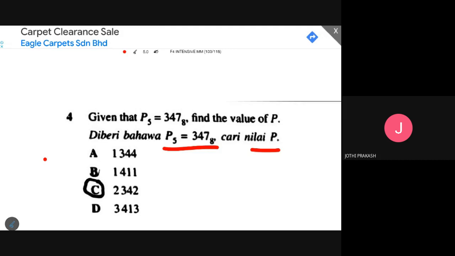Others guys, others? Okay, sama-sama. Saya bagi masa kat kamu untuk cuba sebab kita ada masa.